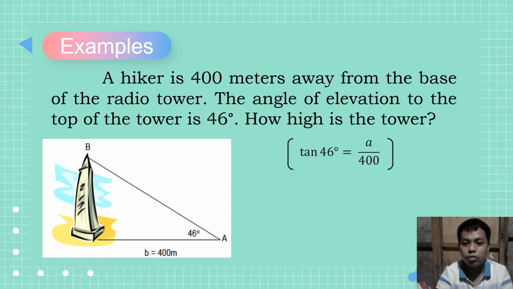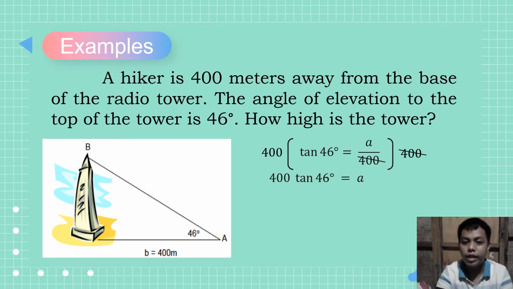Now let us multiply both sides by 400. So the 400 on the left side, on the right side of the equation will be cancelled out.